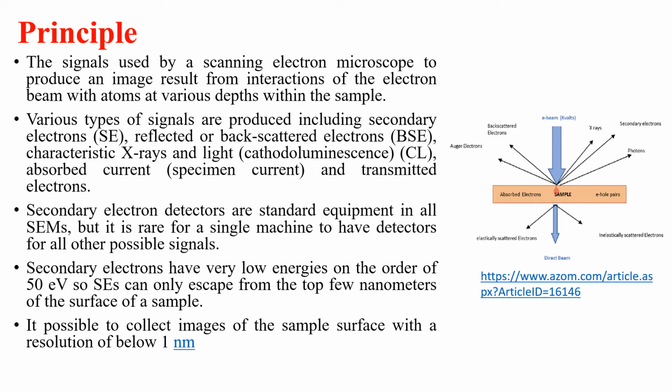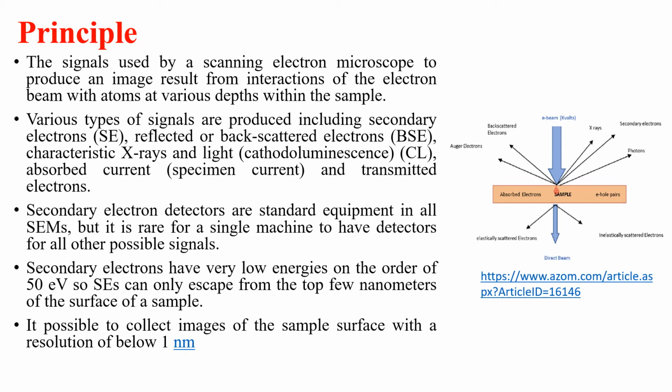On the bottom side, there are a few electrons which get transmitted, like elastically scattered or inelastically scattered electrons. At the same time, some electrons are reflected back, so there are backscattered electrons, X-rays, secondary electrons, and photons.